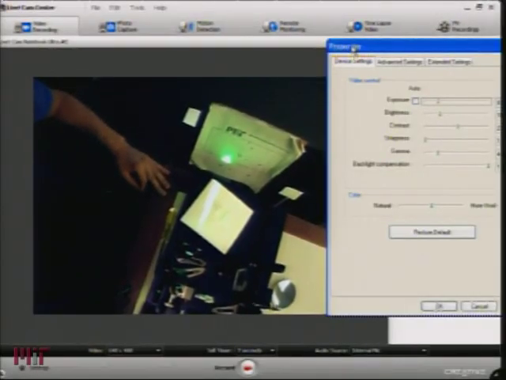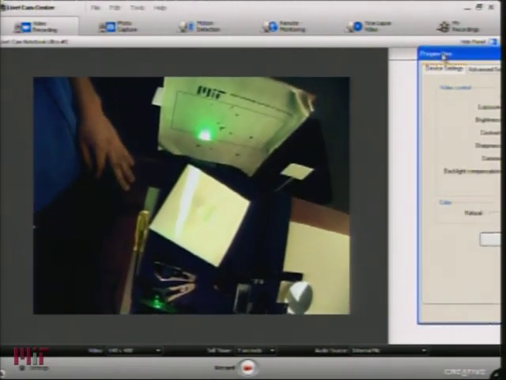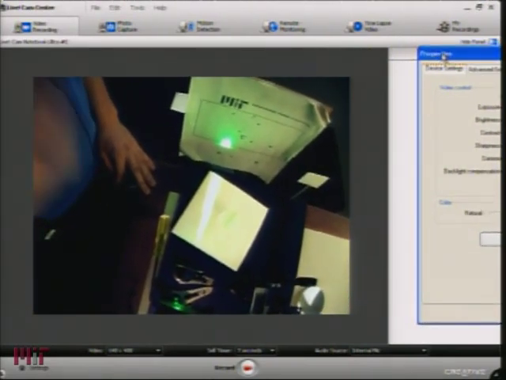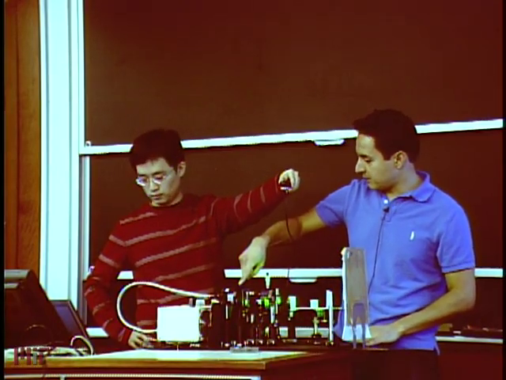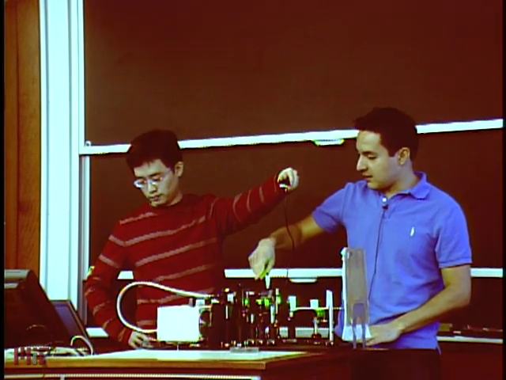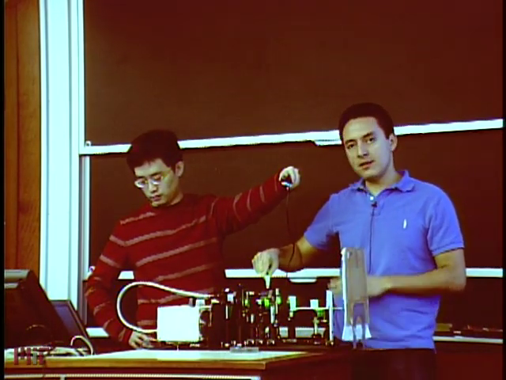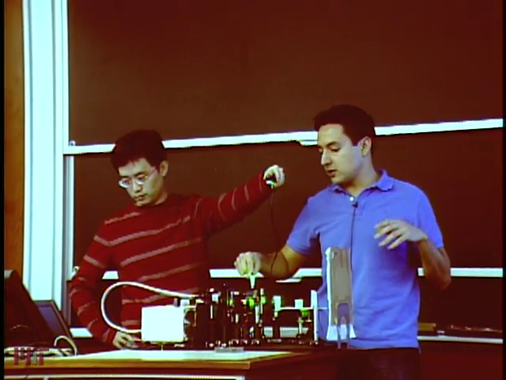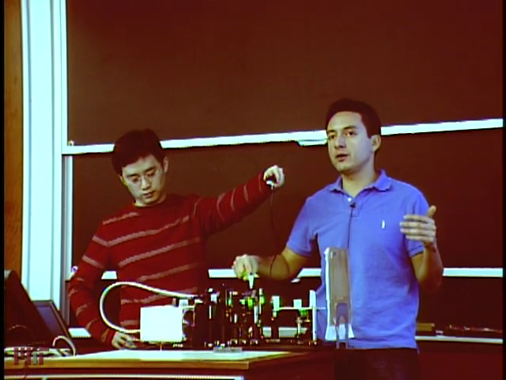Let me just move this window. To avoid any problems about chromatic dispersion or wavelength dependence behavior, we're using a green laser. So this component here is the laser. Then this is a new component that we're going to call the spatial filter. It has very interesting properties that we'll learn in the second half of the course when we learn about Fourier optics.